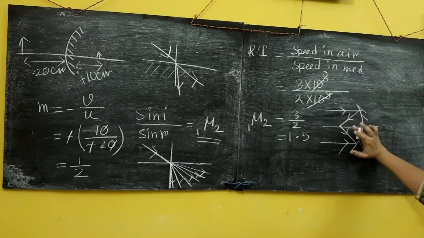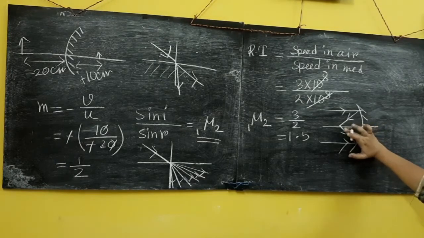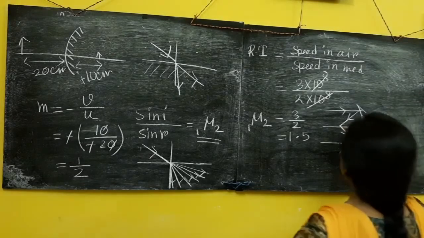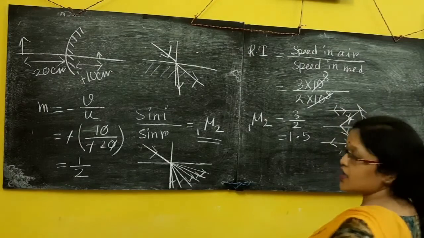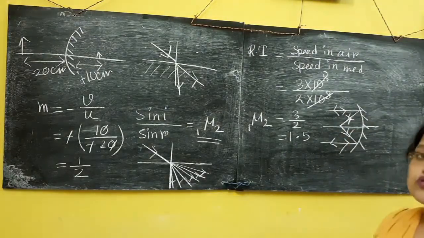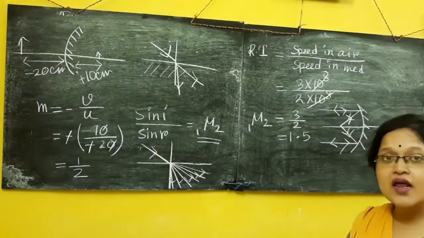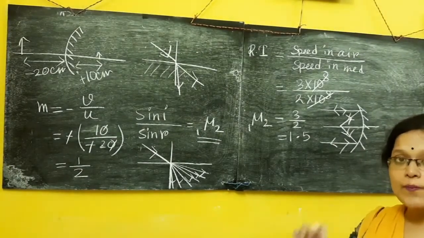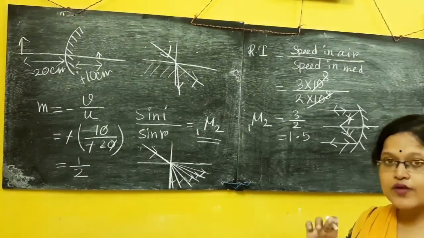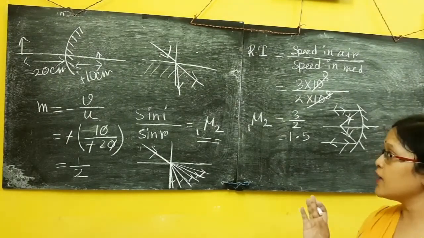And similarly, if a bulb glows just at the focus of the mirror, that time we will get a parallel beam of light. That's why in a headlight we are always using a concave mirror, and at the focus of that mirror we are placing our bulb. Clear?